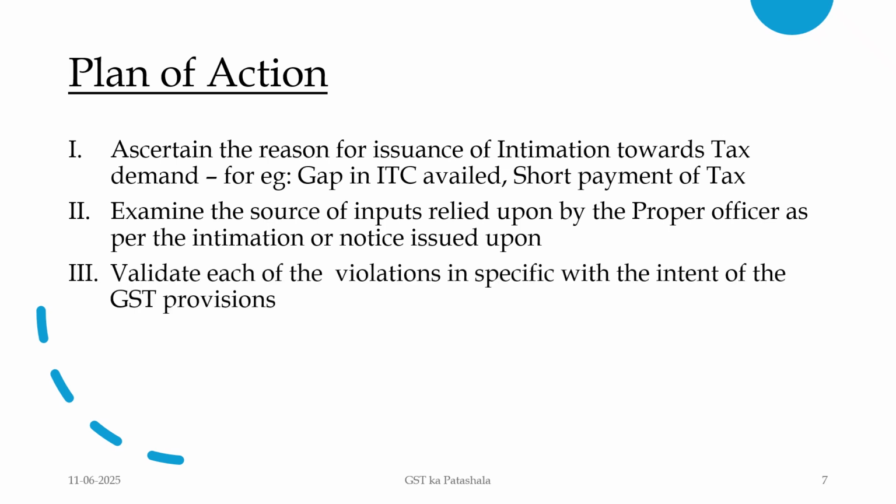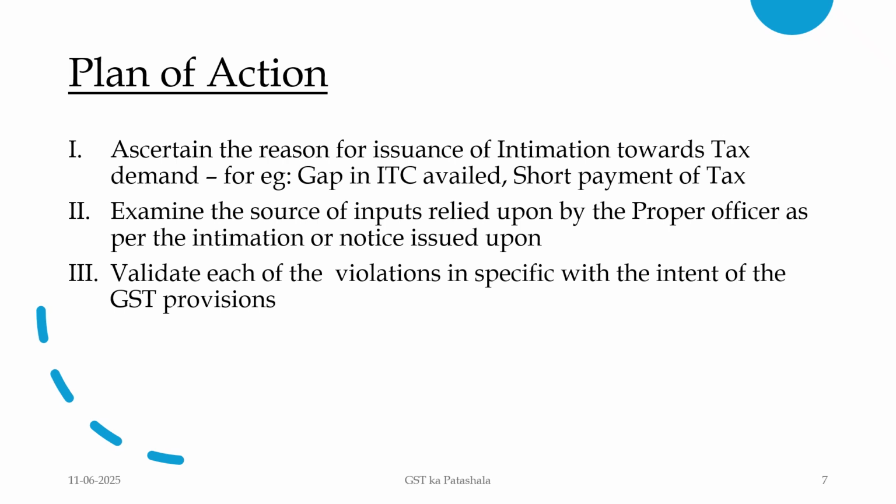Then, validation of violations in specific, with the intent of GST provisions. Please keep in mind that whenever a proper officer brings an observation, it is the duty of the proper officer to say what we have violated. For example, there is a gap between input tax credit availed vis-a-vis input tax credit available to a taxpayer.